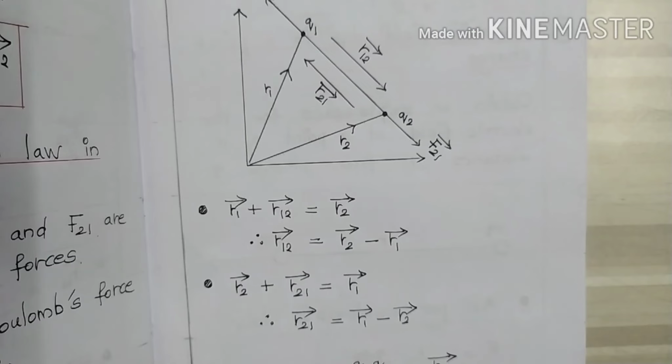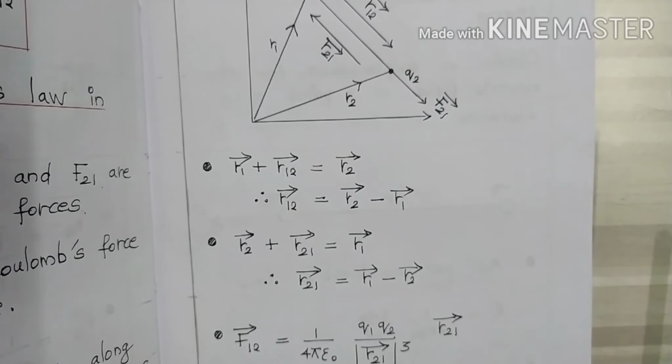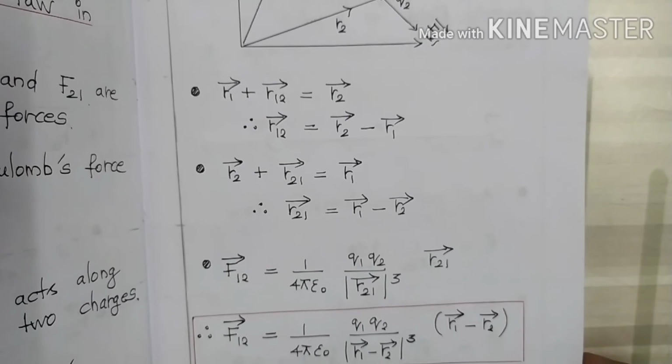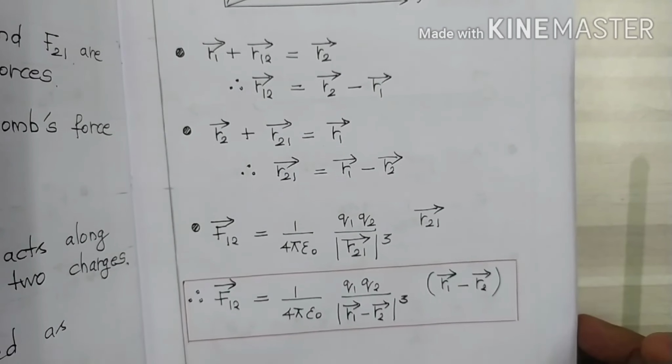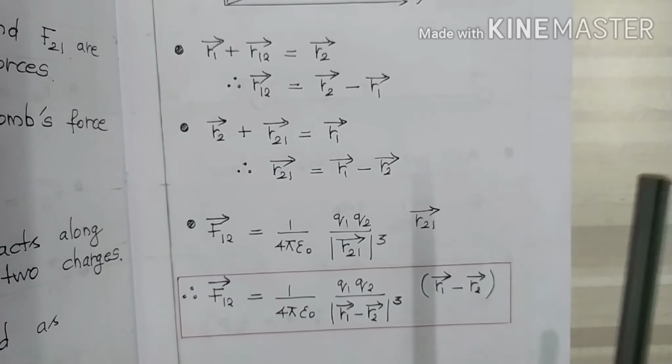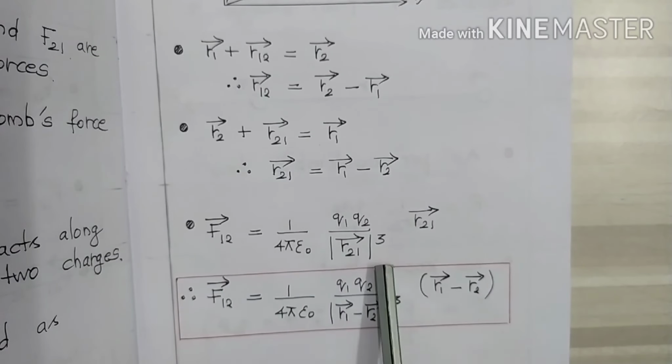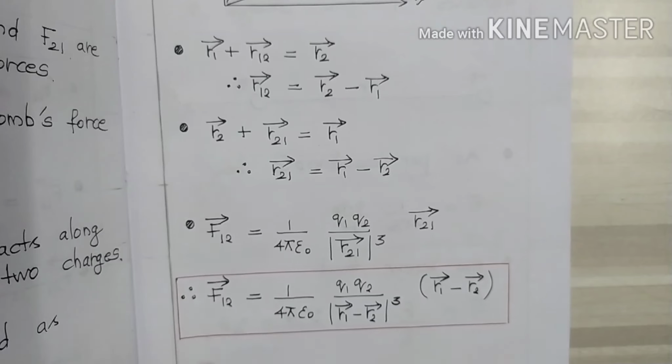So substitute the values of R12, this one here and also here. Now we have got the expression for F12 vector in the position vector form.